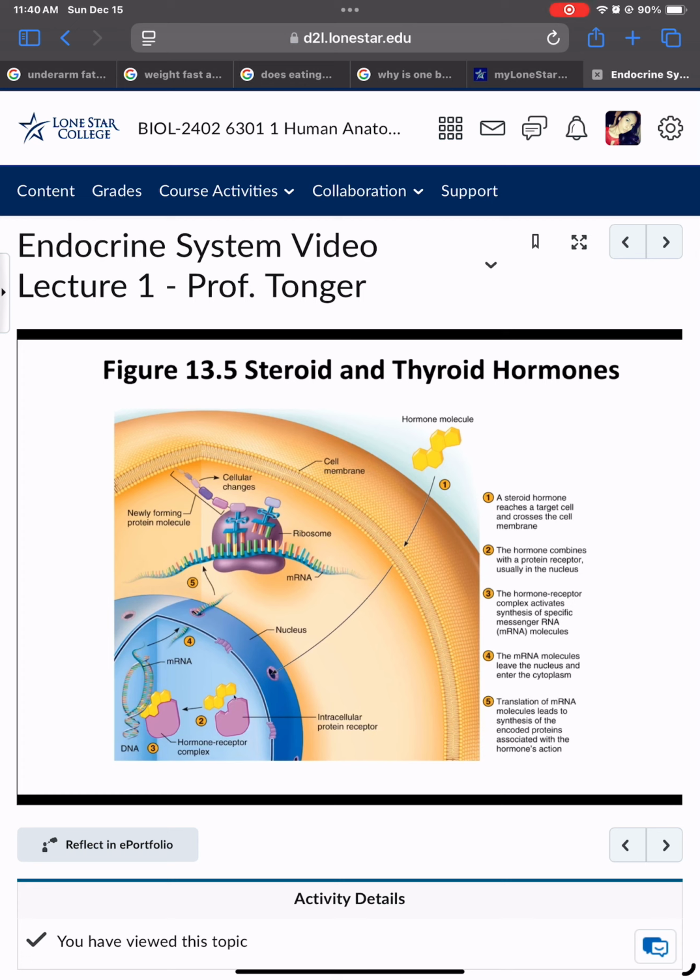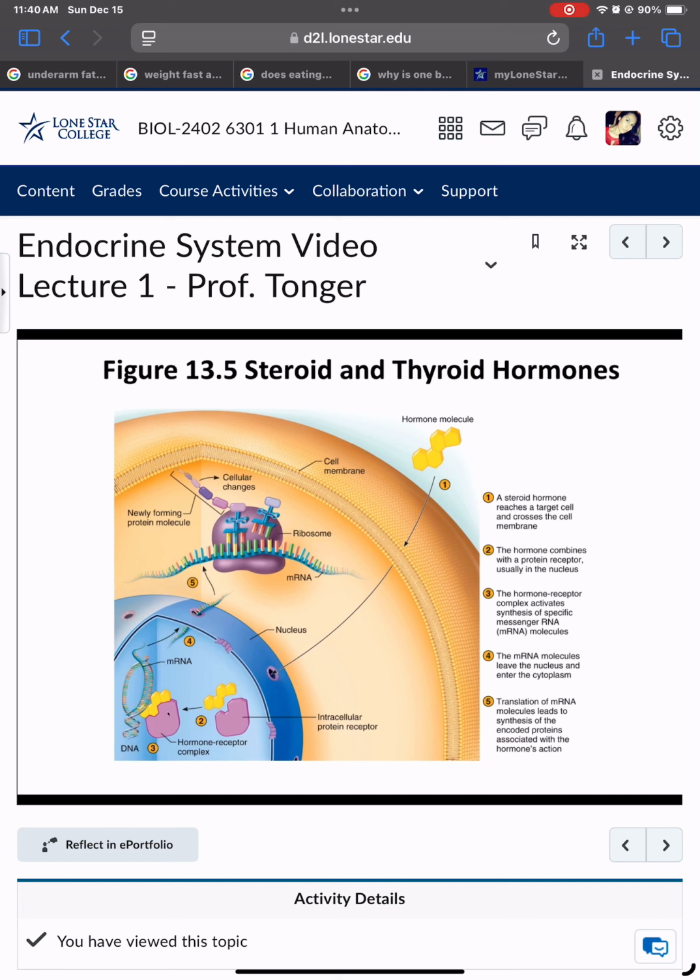Now here, if you see, this protein receptor was not activated earlier, but as soon as this hormone comes in, it combines with this, and this whole protein complex becomes activated, which basically means that it is now going to bind to the DNA, which will increase the transcription rate.